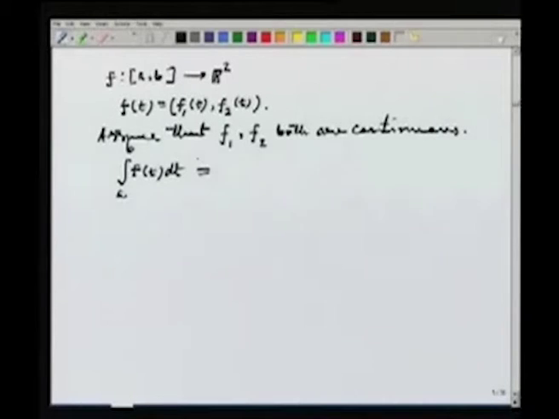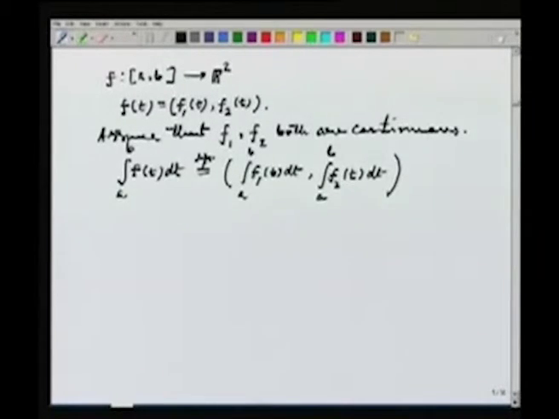Since f is vector valued, the integral of f should be a vector. Well, that vector we define by, so this is my definition, as this vector: the integral from a to b of f1(t) dt, that is the x component, and second one is the integral from a to b of f2(t) dt.